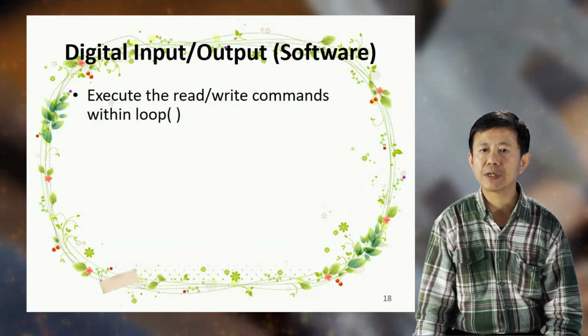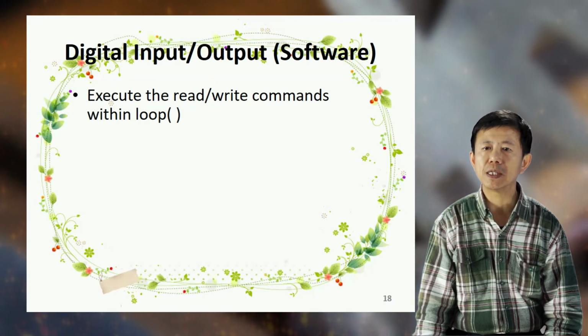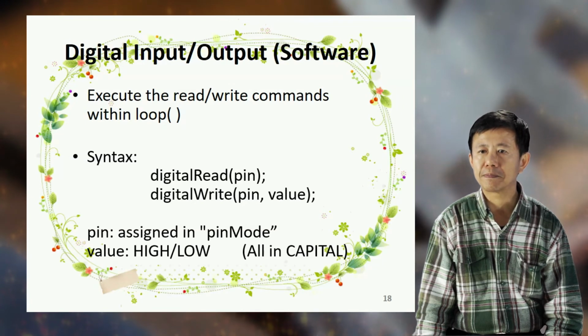Second, execute the read-write commands using the built-in functions digitalRead and digitalWrite, respectively, within the loop function. The syntax for digital input is digitalRead, with the assigned pin number as the argument, and ends with a semicolon.